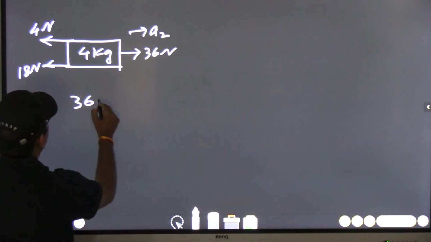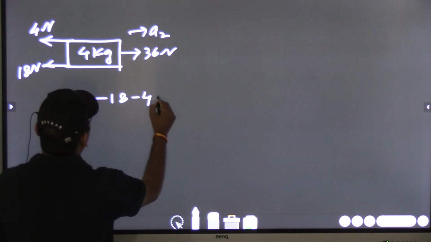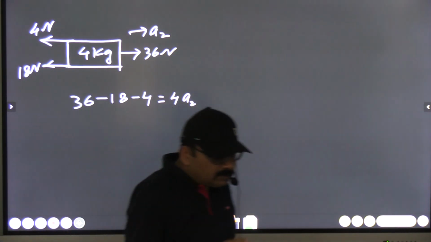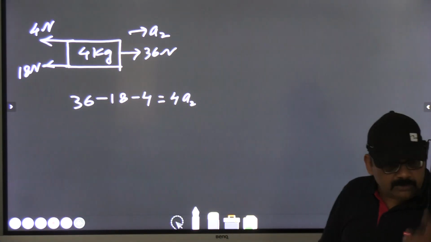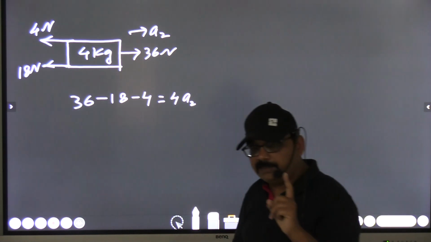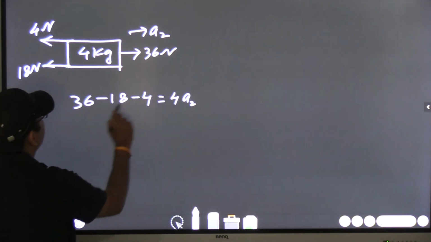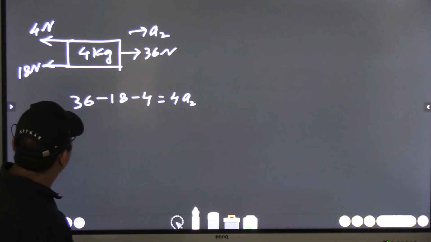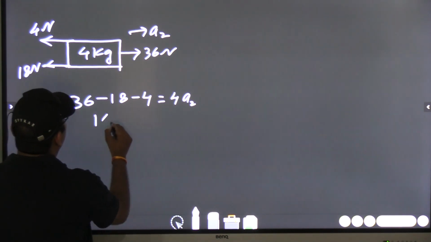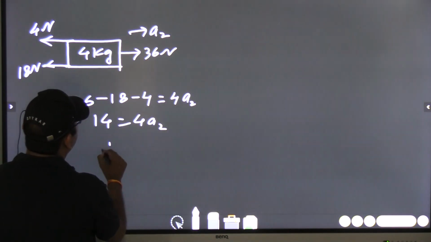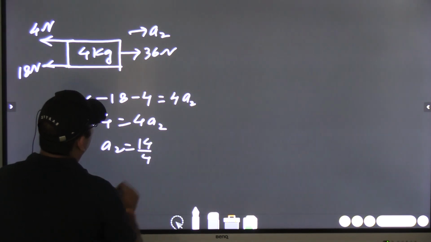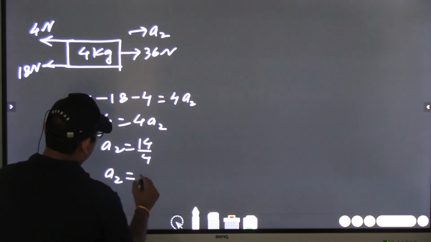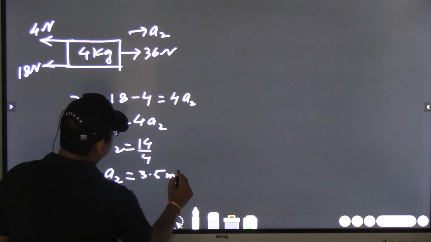So 36 minus 18 minus 4 is equal to 4 times a2, because the bodies are not sliding together, so we have to take only the mass of the body under consideration, right? So 18 plus 4 is 22, 36 minus 22 is 14. 14 is equal to 4 a2. a2 is equal to 14 upon 4. How much is this? 4 threes are 12. Yes, 3.5 meter per second square.